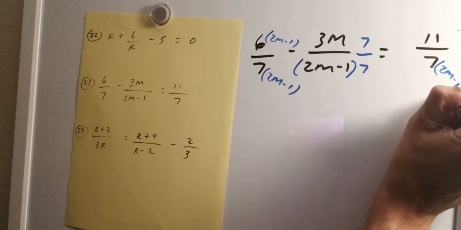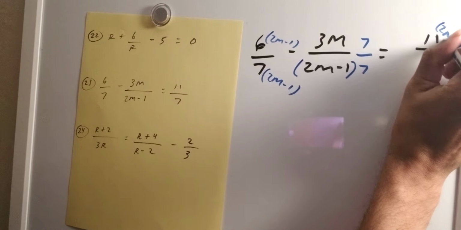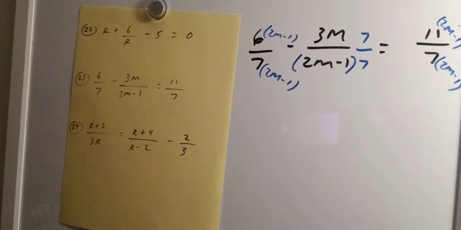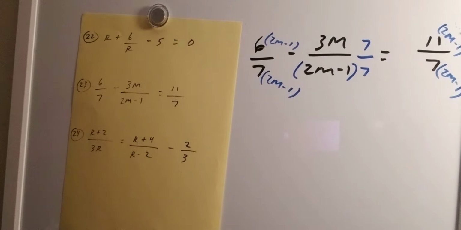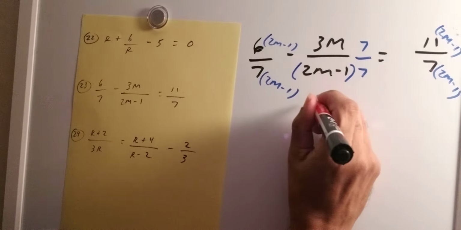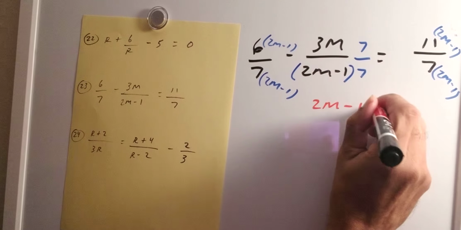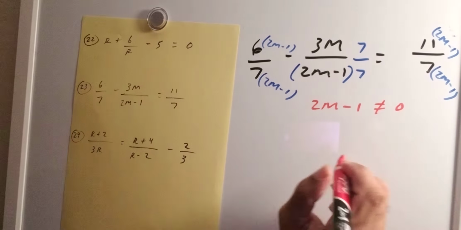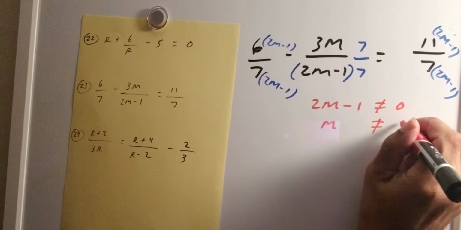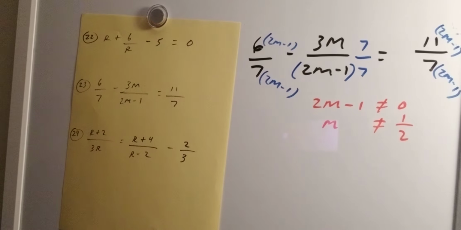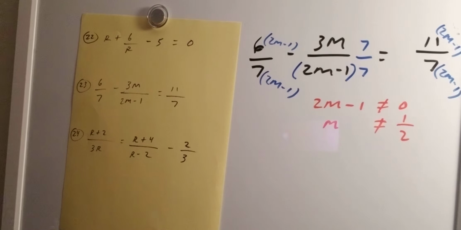All right, what's restricted? Don't want to forget about the restriction. 2m minus 1 equals 0. That's going to simplify after a couple of steps, so m cannot equal 1/2. Otherwise, we're good to go with our solutions.